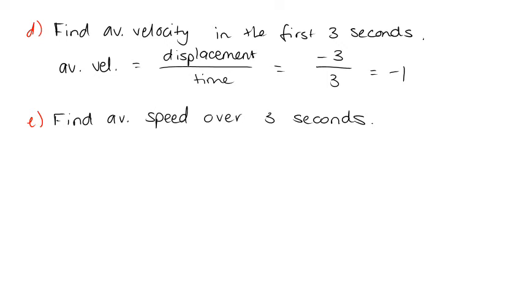Average speed is, we wrote it down, distance over time. So how far did it go? It went 5. So average speed equals distance over time. It went a total of 5 units over 3 seconds, so that's 5 over 3.